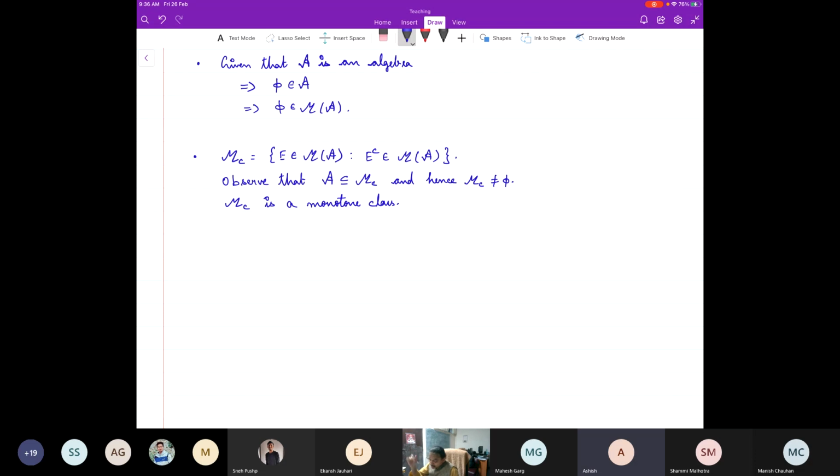It's a collection of subsets, which means if E belongs to A, then E belongs to M of A, since A is contained in M of A. That implies that E complement also belongs to A because it's an algebra. Got it, sir. Right, that's exactly the idea.